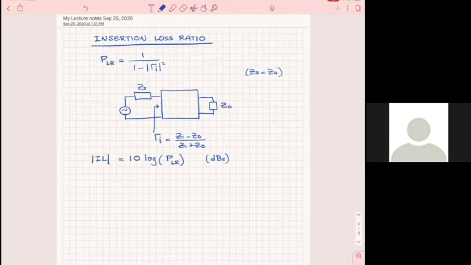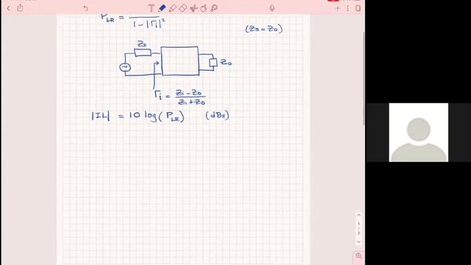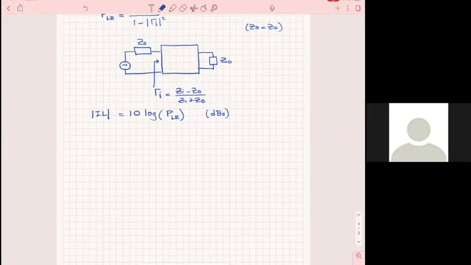Now, before we continue, we are going to make an important observation about how this gamma sub I, the reflection coefficient, looks in terms of the function. Obviously we're going back to fundamentals, and we can rewrite gamma sub I as the normalized input impedance.